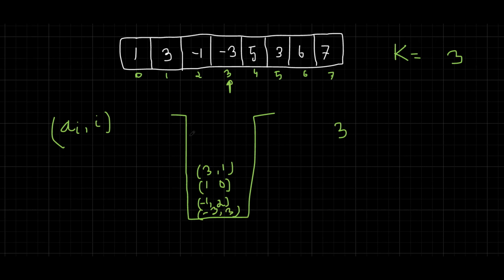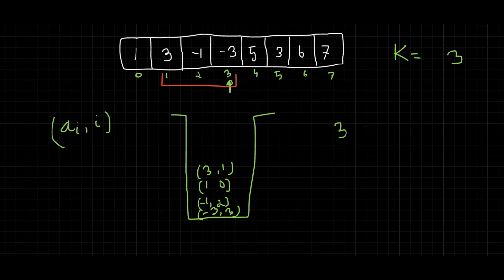Now we have to check whether our priority queue's top element is in this range or not. Because if our window is this, then we have to exclude the maximum element if the maximum element is present at this position or in this portion. But fortunately, the maximum value is 3, and it is in the current window. Okay, so far so good.